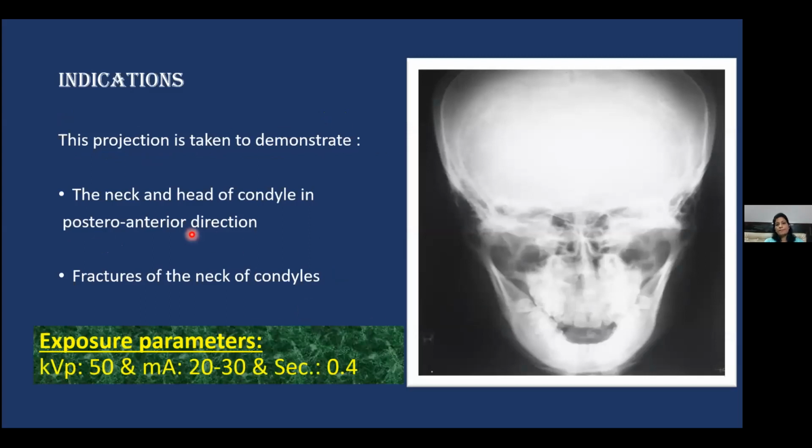Indications. The main indication is head and neck of the condyle, and I can visualize the condyle in the posterior-anterior direction, right? And fractures of the neck of the condyle. So this is very important. Okay. Main indication: posterior-anterior direction of the head of the condyle and the neck of the condyle.